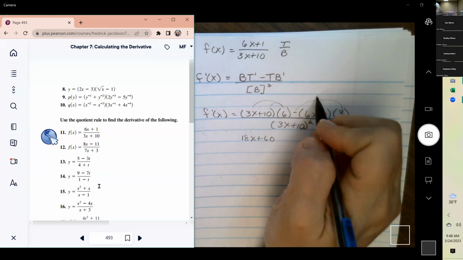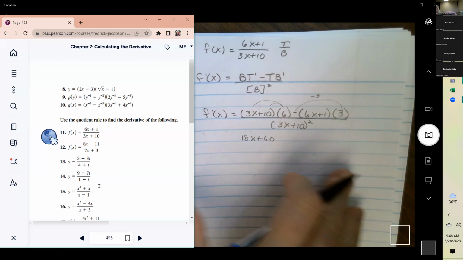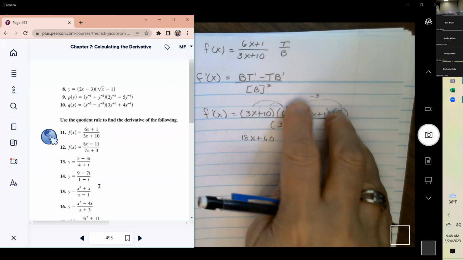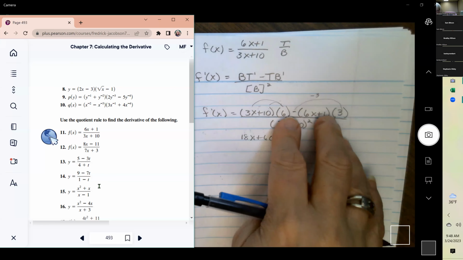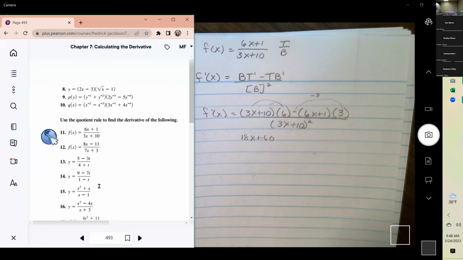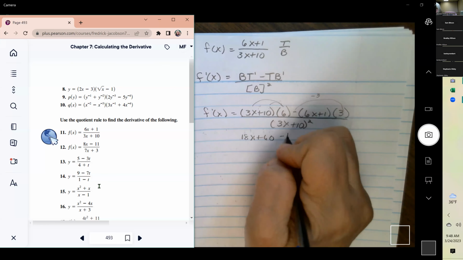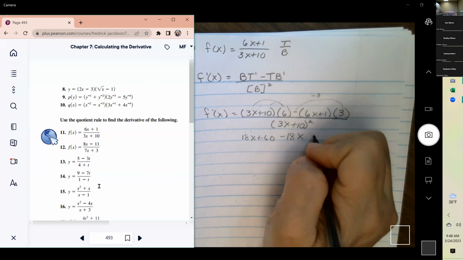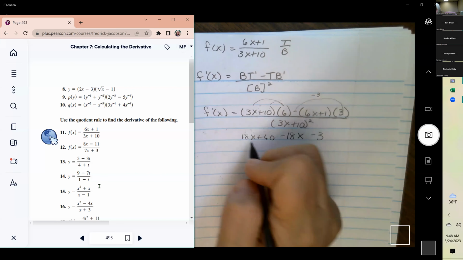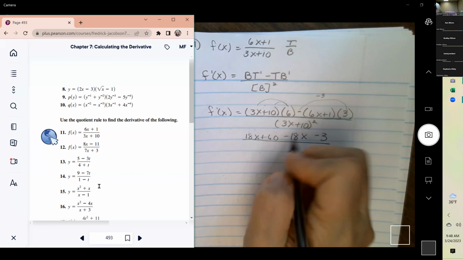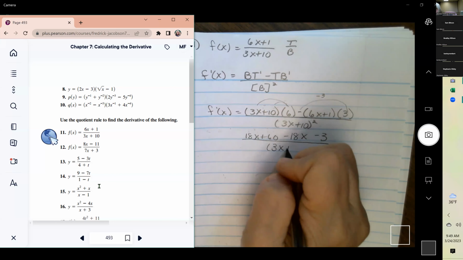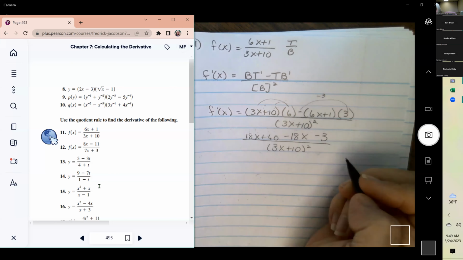So I would distribute -3 at the same time, rather than distributing the negative and then distributing the 3, do them together. -3 times 6 is a -18x minus 3 all over 3x plus 10 squared.